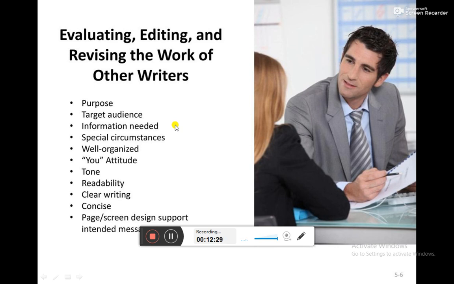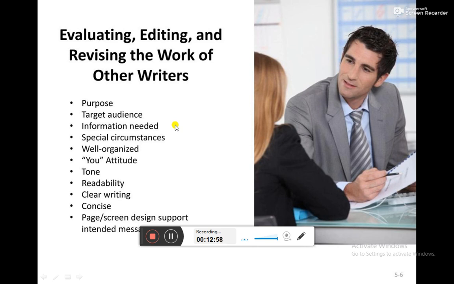Number five is does the document provide this information in a well organized way? Number six is does the writing demonstrate the you attitude toward the audience? Number seven, is the tone of the writing appropriate for the audience and the situation?